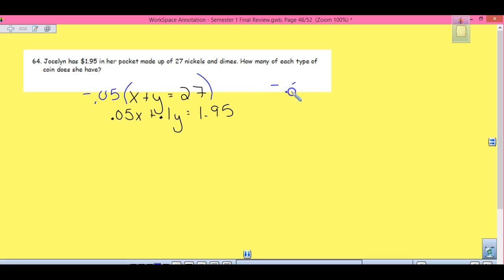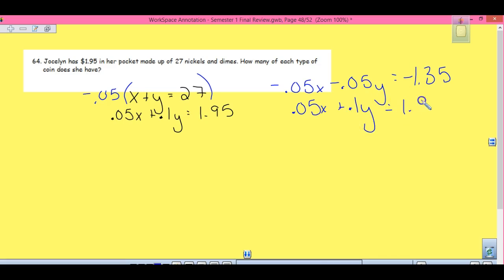So I've got negative 0.05x minus 0.05y equals, help me out, negative 1.35. 0.05x plus 0.1y equals $1.95. So I have 0.05y equals 0.60, divided by 0.05.